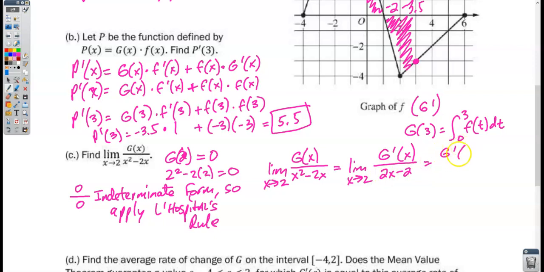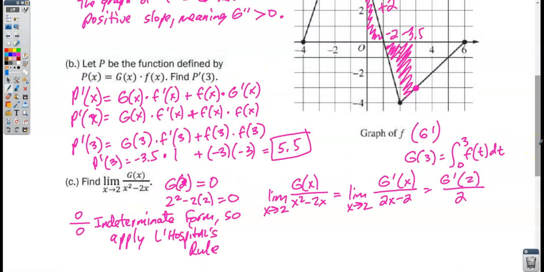So that's G prime of 2 over 4 minus 2, which is 2. And G prime of 2 is equal to the value of f of 2, which we can read from the graph. It's right here. F of 2 is negative 4. So this is negative 4 over 2. And the value of that limit is going to be negative 2.